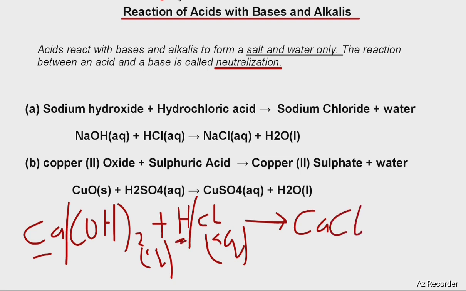Plus now this hydrogen combines with the OH, and here you are going to get H2O, which is water. And here you say that your equation is done. They are not balanced, but the equation is done. So that is how you form it.